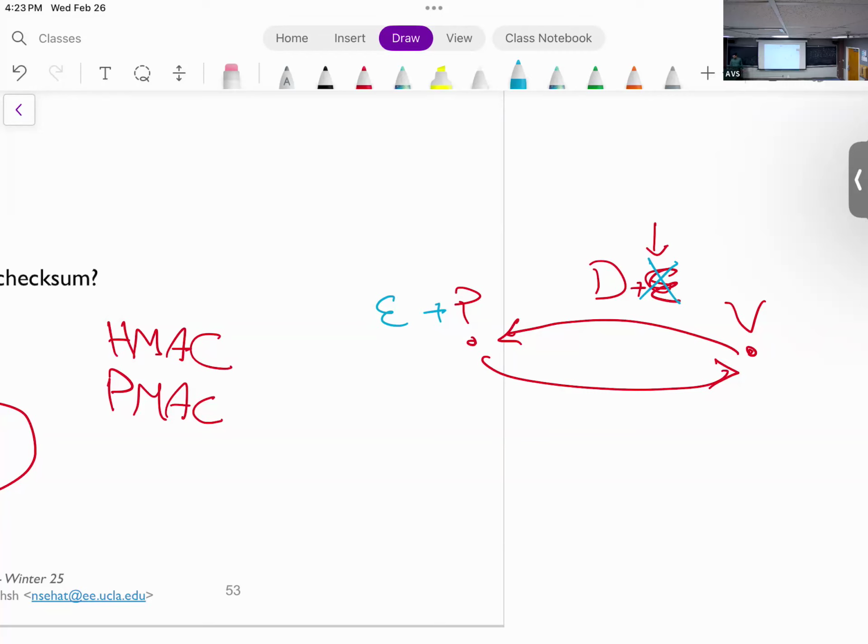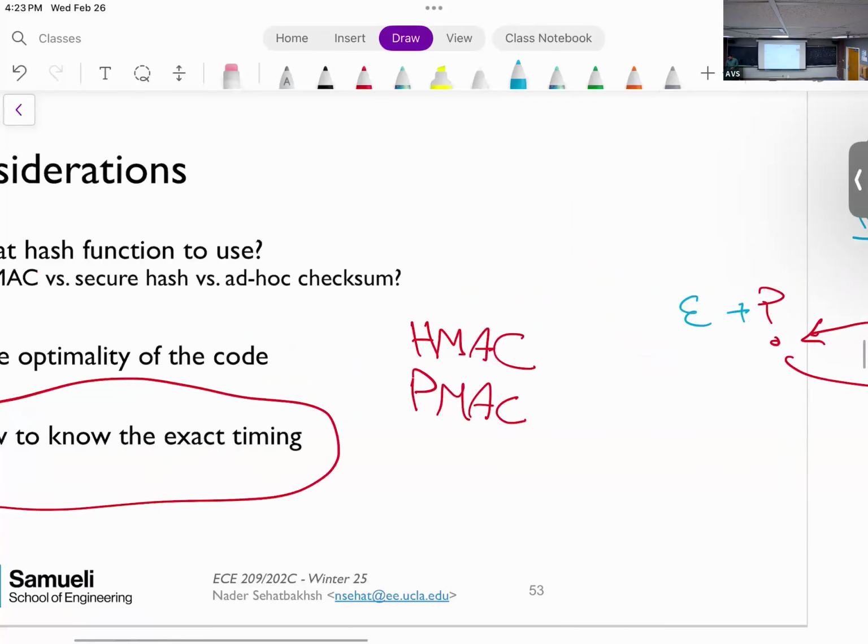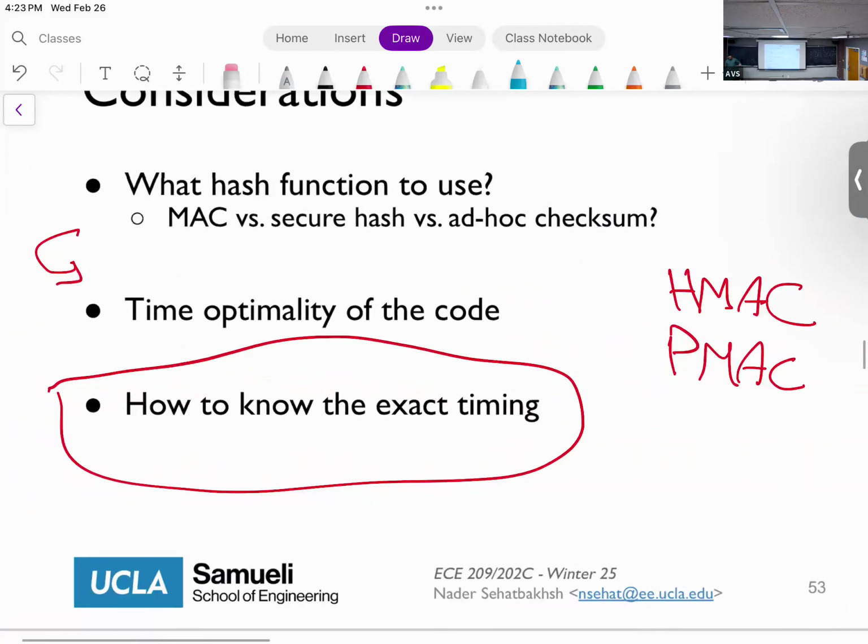So the security of this method relies on the fact that your network behavior is very deterministic. It's okay if the delay is high. It just has to be deterministic. It can be seconds or milliseconds, but every time I send and receive, I have to get the exact same time.